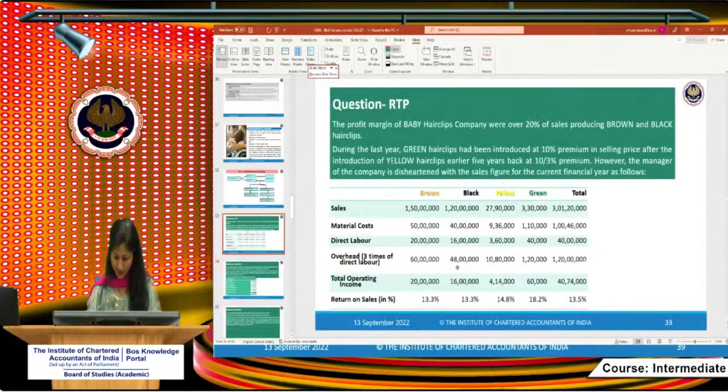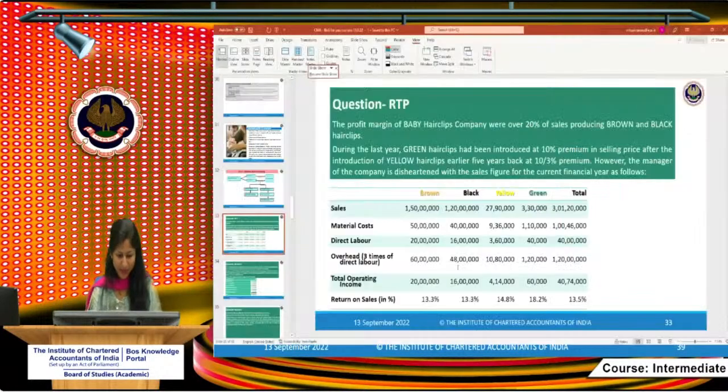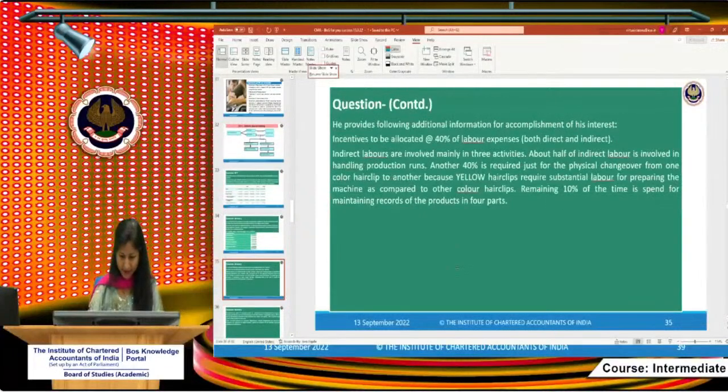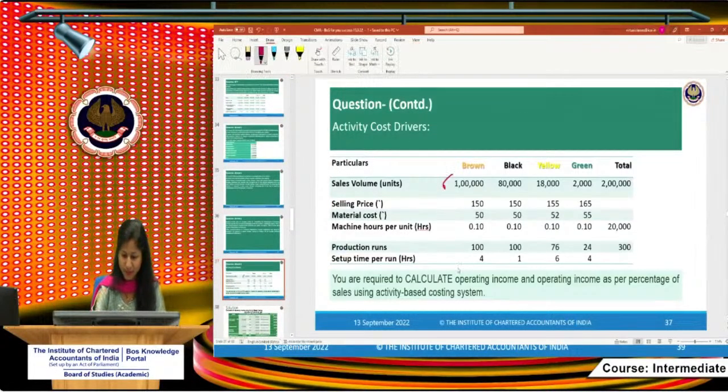Here we have the question part and here we will solve the question. Regarding the sales figure, the quantity we have taken from this slide. We have the unit portion. I hope both the slides are visible to all. In one slide I have opened the question and in the second slide I have opened the answer sheet.